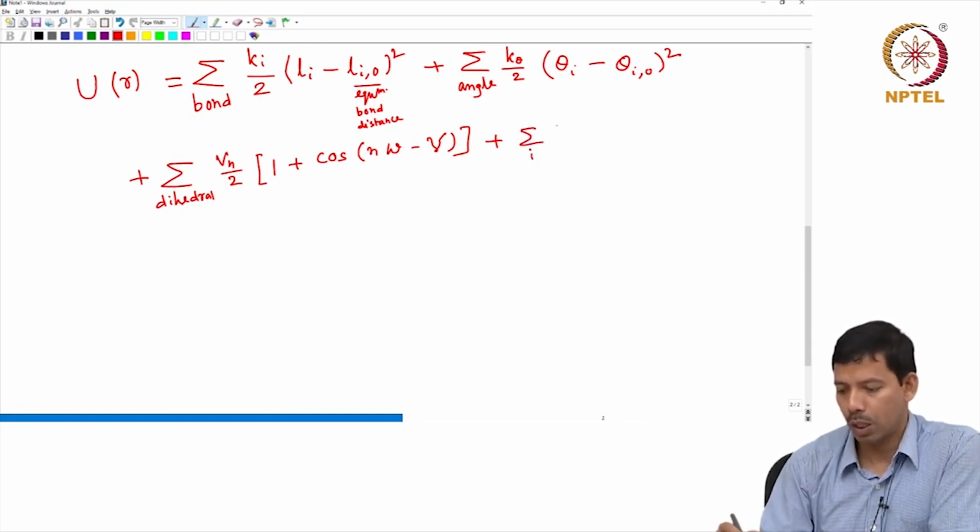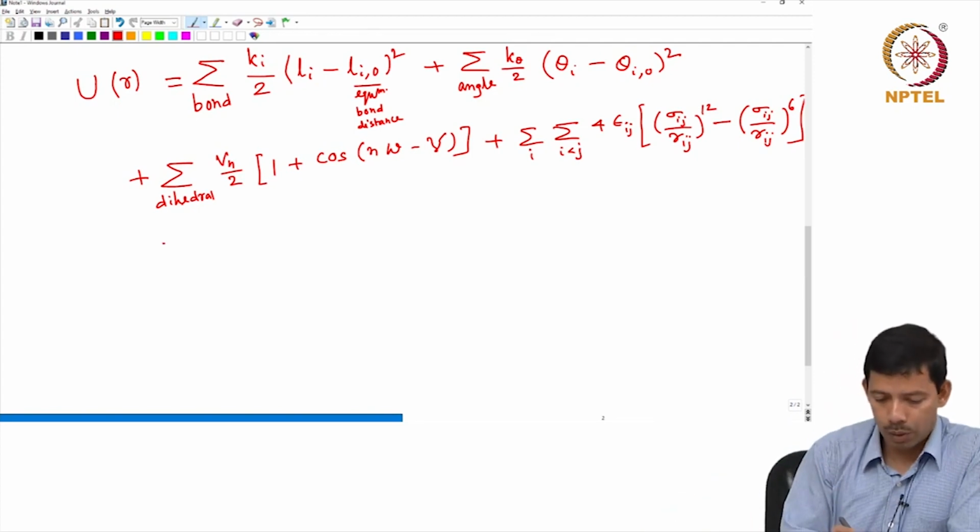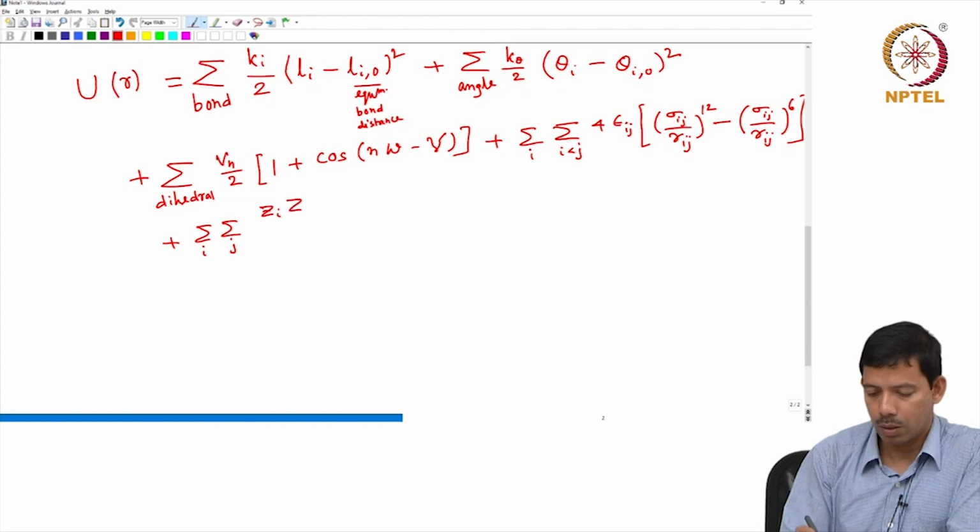And then we had the Lennard-Jones term, sum over i less than j of epsilon ij times (sigma ij over Rij to the power 12 minus sigma ij over Rij to the power 6), plus the sum over i, sum over j of zi zj by 4 pi epsilon 0 Rij.